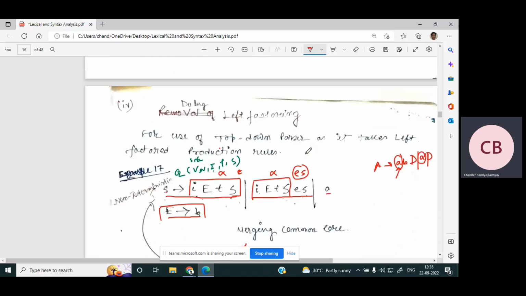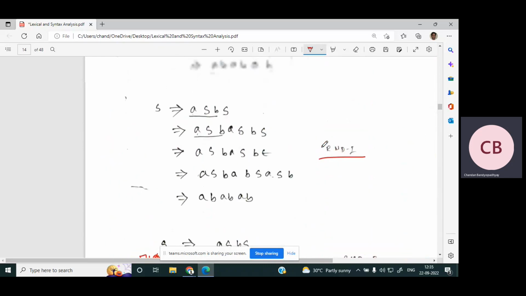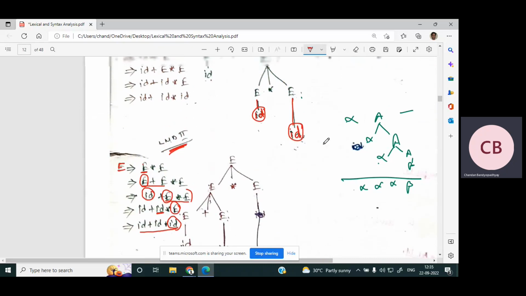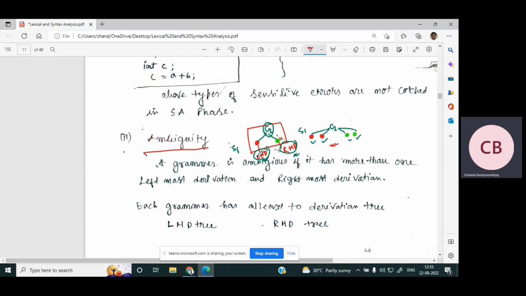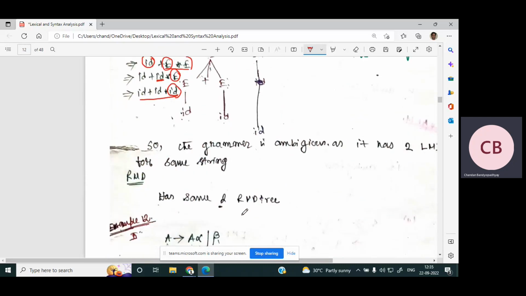Okay. So if I summarize the fundamental basics we have covered, one is called ambiguous grammar. Ambiguous grammar means if a grammar has more than one leftmost derivation or more than one rightmost derivation, then the grammar is ambiguous. The shortcut trick was if a grammar contains left recursion as well as right recursion simultaneously, then the grammar is ambiguous.